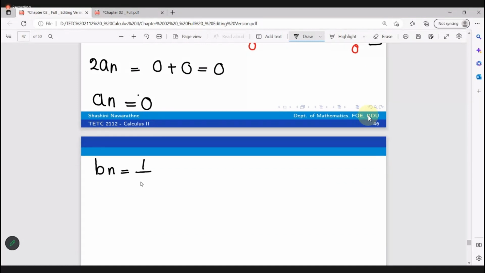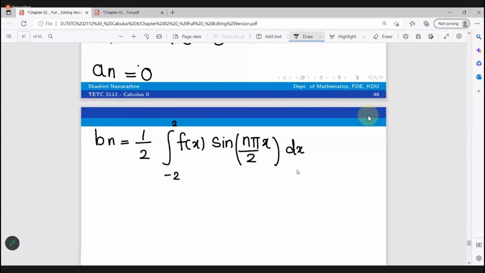1 over 2 integration from minus 2 to 2 f of x sine n phi x over 2 with respect to variable x.